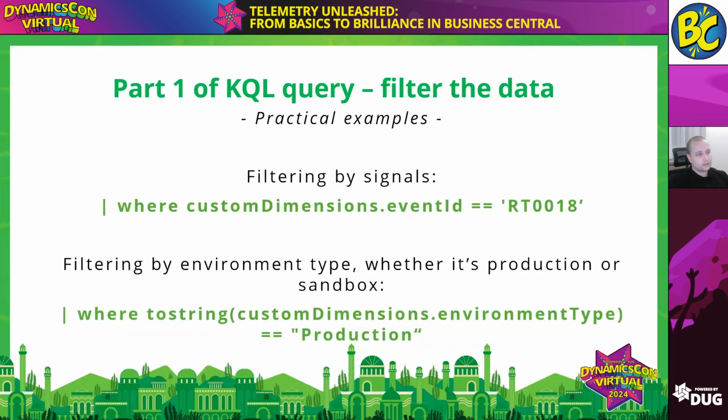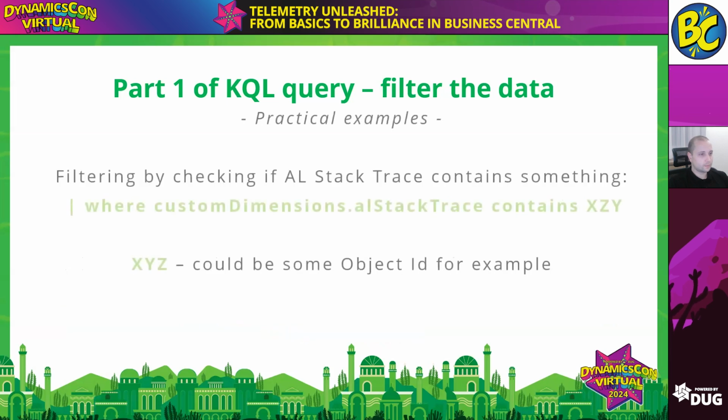Some practical examples, or the most used ones from practice, which I really often see, is to filter by, of course, event ID, then filtering by environment type. As we said, we just want to get the signals from production. And if you didn't set it up in the data collection rule, you will have to filter it by writing the KQL query with a where statement.